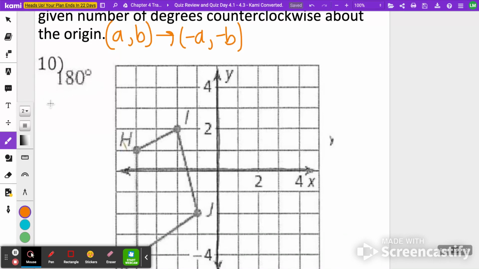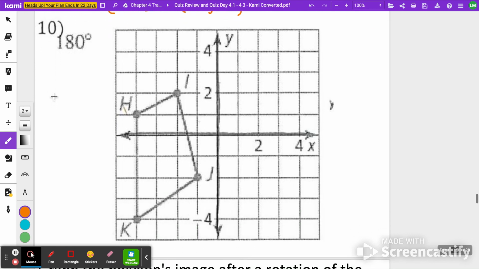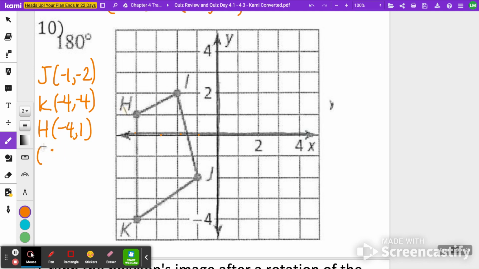So what I did here is I started with listing my points. Point J is at (-1, -2). K is at (-4, -4). H is at (-4, 1), and I is at (-2, 2).